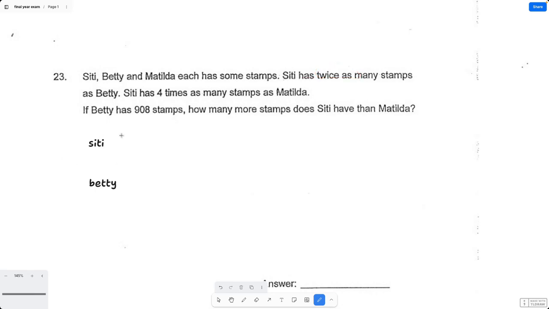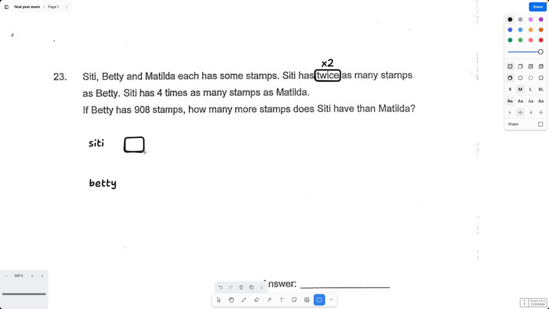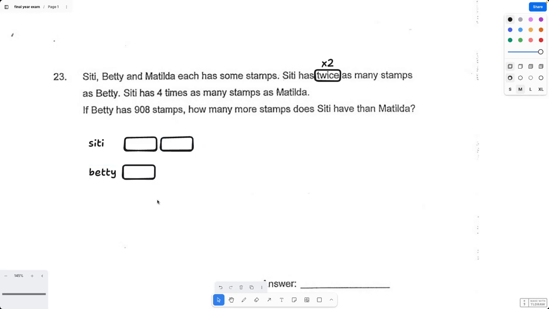So that means twice means times 2, right? So CT has times 2 of Betty. So we're going to draw CT 2 rectangles and then Betty 1 rectangle in this case over here, right? So CT has 2 times as many as Betty in this case.